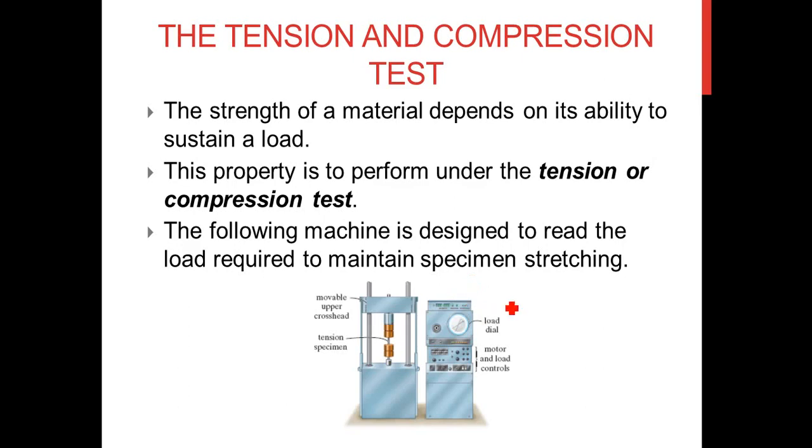Basically, the tension and compression test is performed to investigate the ability of the material to sustain a load. The figure here shows a typical conventional machine to perform the tension and compression test.